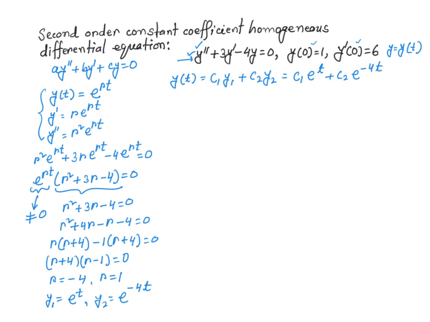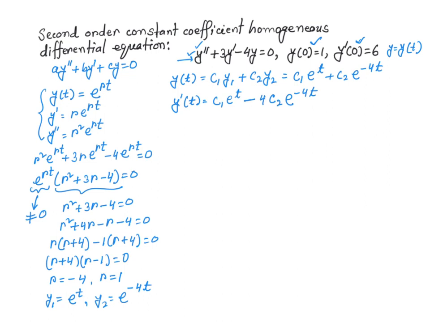And now we could use the initial conditions. y of 0 is equal to 1, y prime of 0 is equal to 6. So let's go ahead and find the y prime of t first. y prime of t is going to be c1 e to the power t plus, actually, minus 4 c2 e to the power negative 4t.